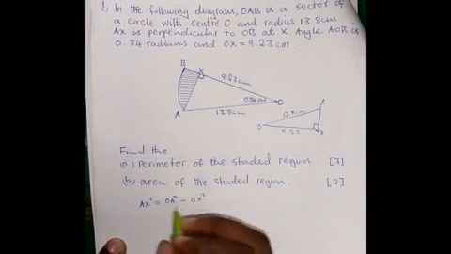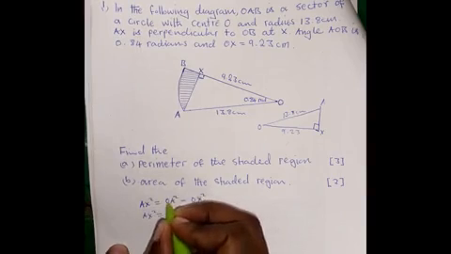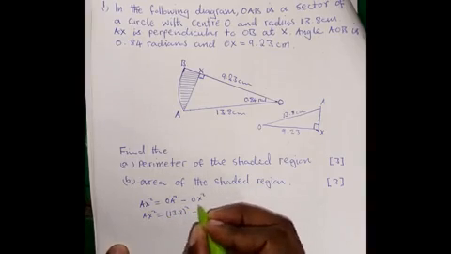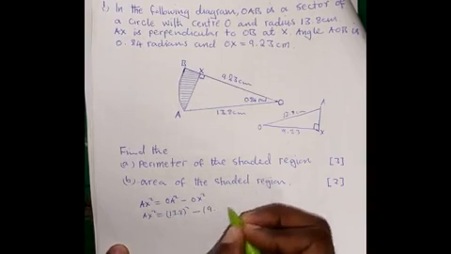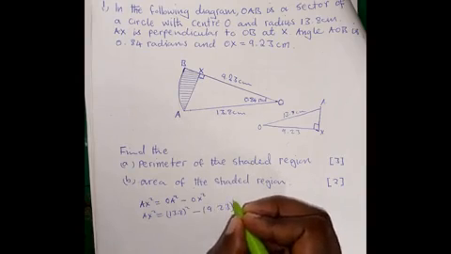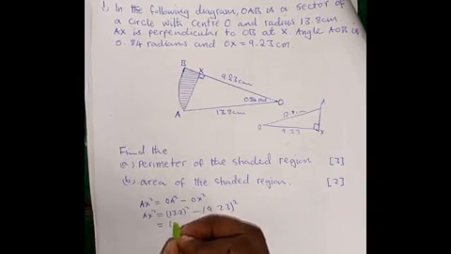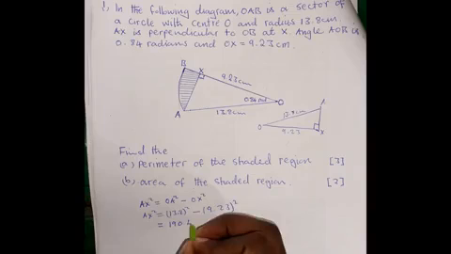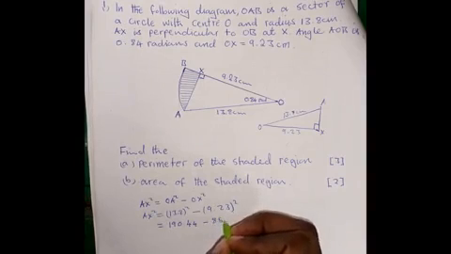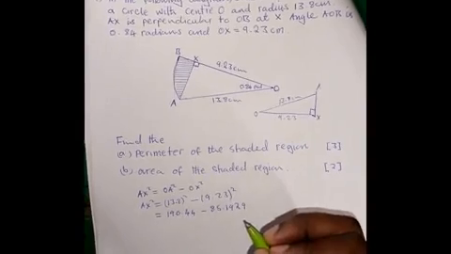So we substitute: AX squared equals 13.8 squared minus 9.23 squared. This gives us 190.44 minus 85.1929.